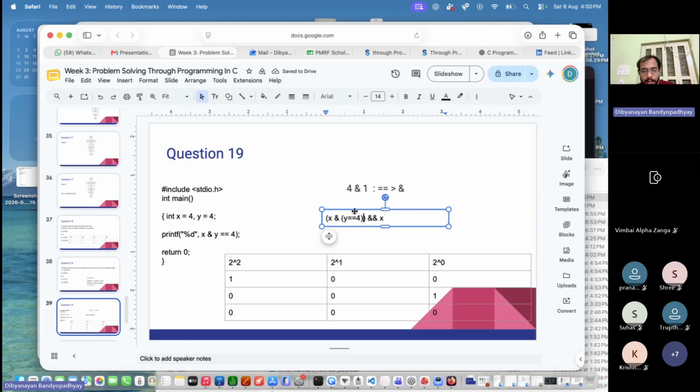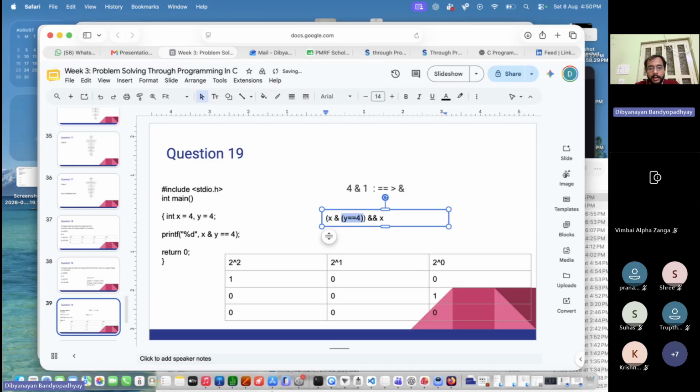So this has higher precedence than this, and this AND has the lowest precedence. So now let's evaluate. 4 equal to 4 is correct, so it is 1. Now 1 and x, where x is 4, is 1. So it will evaluate to 0. Correct. This will evaluate to 0, and 0 and x is basically 0 because there is a 0 on the left hand side. So this evaluates also to 0. Both evaluate to 0, but this is the correct way to do it.